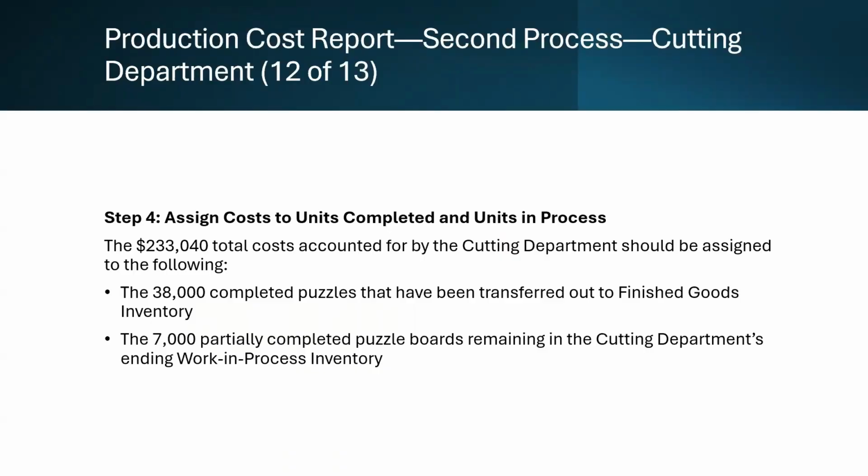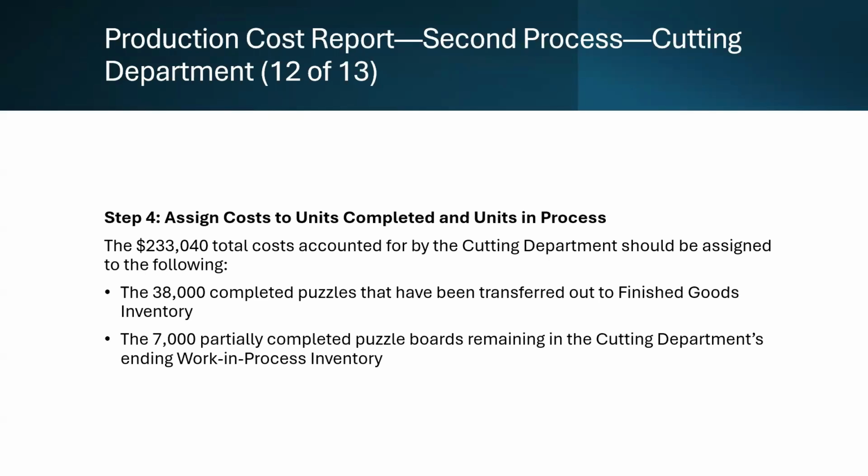All right, step 4, assign costs to units completed and units in process. We assign costs to units completed and units in process by multiplying the cost per equivalent unit of production by the equivalent units of production.